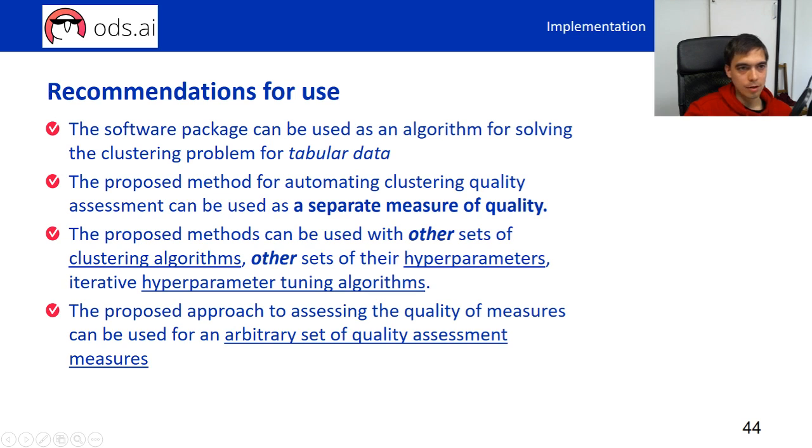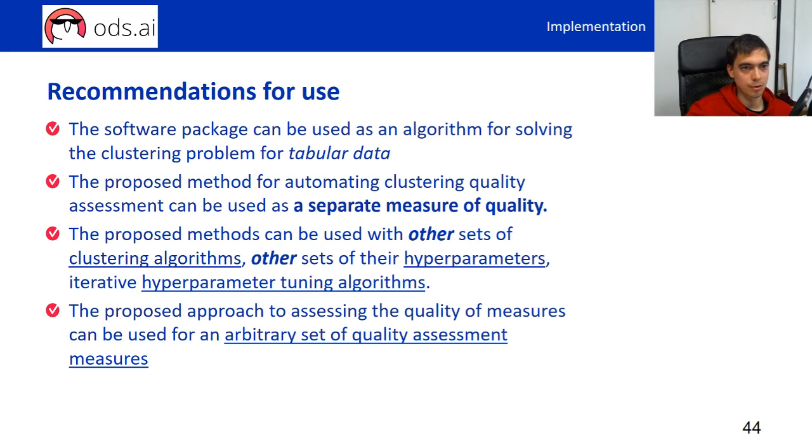Okay. As for the recommendations for use, the software package can be used as an algorithm for solving the clustering problem for tabular data. The proposed method for automating clustering quality assessment can be used as a separate measure of quality that we have already mentioned. We call it meta CVI. It's also important to note that the proposed methods can be used with other sets of clustering algorithms, other sets of hyperparameters, and another iterative hyperparameter tuning algorithm.